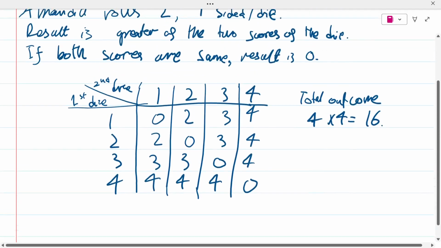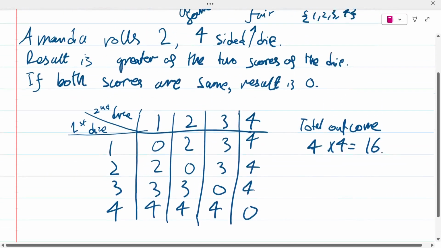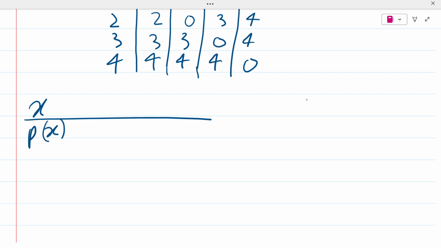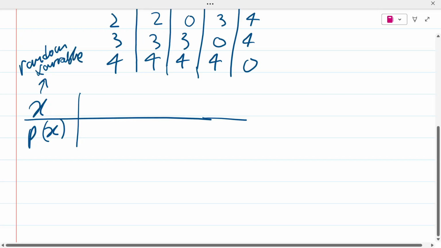Now, what is a probability distribution table? Like I said, this is how you make a probability distribution table: X, and the probability of X. X is something we call the random variable, and this denotes a number.